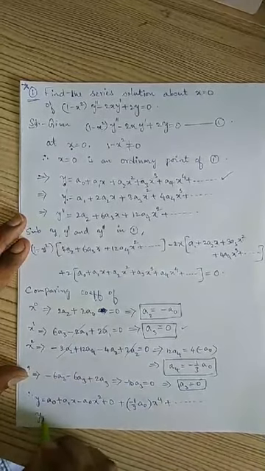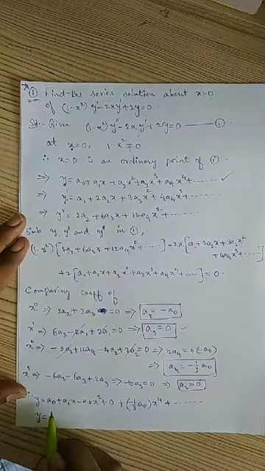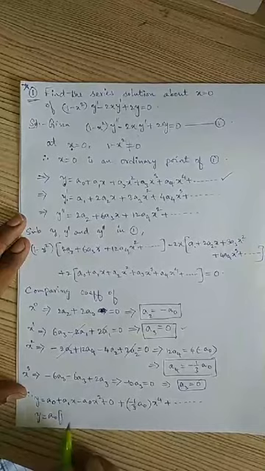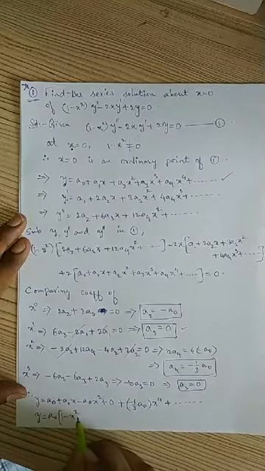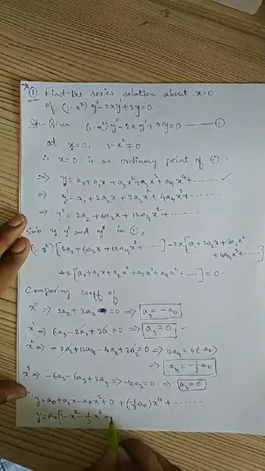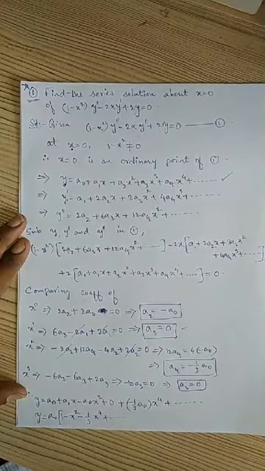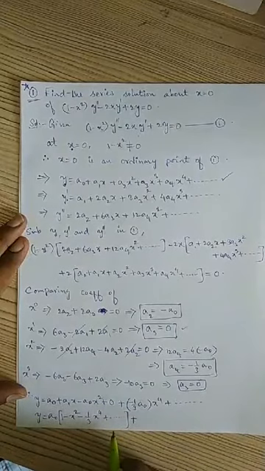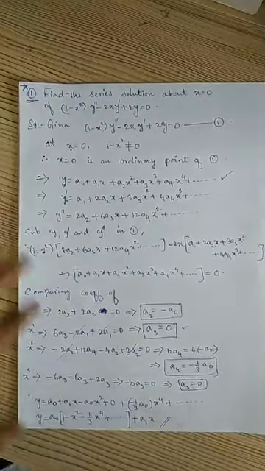So let us write this in a simpler form. How many a0s are there? a0 into here 1, here minus x square, here minus 1 by 3 x power 4 plus so on. Plus a1, here only a1x. This will be the required solution.